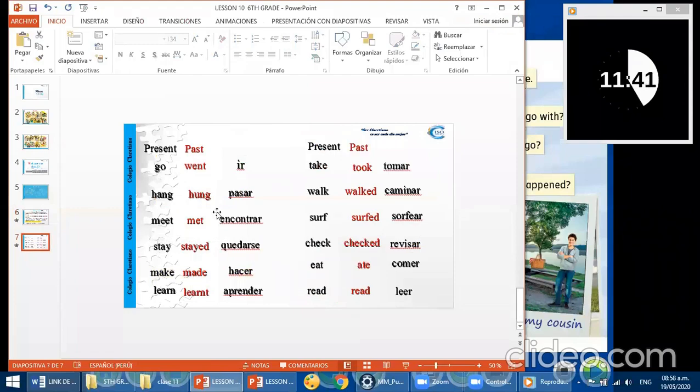Remember, use verbs in the past. Okay, the past of go, went, meet, met. Teacher, I stayed at home. Okay, stayed. The past, made, learned, took, walked, surfed.